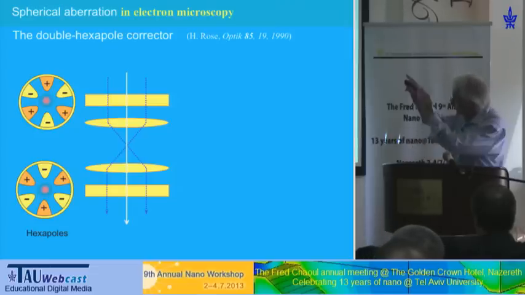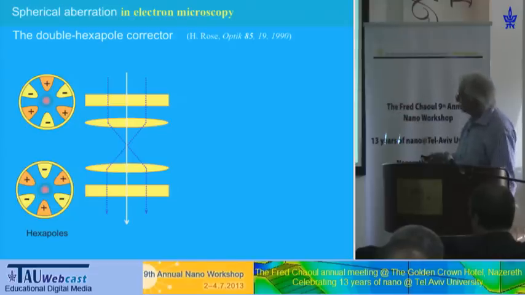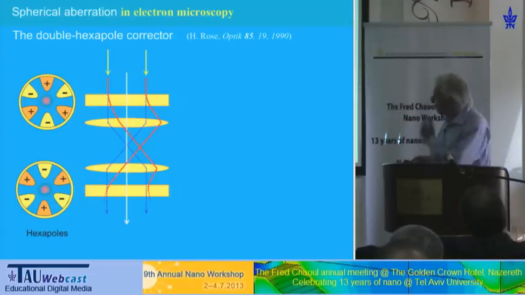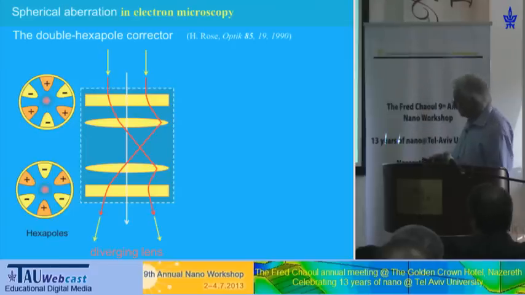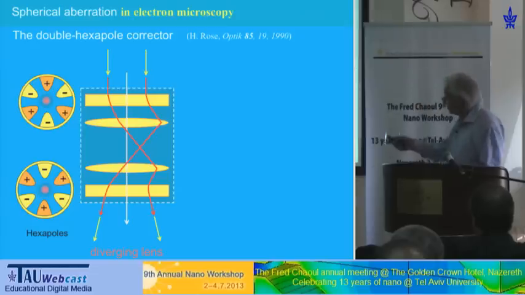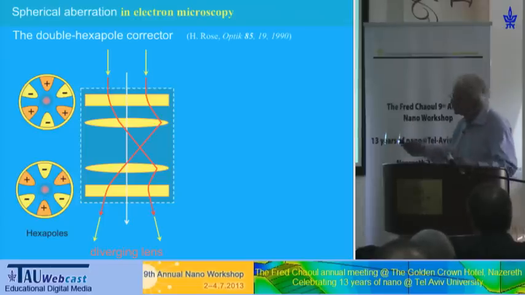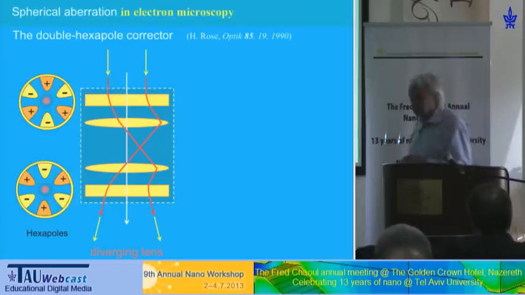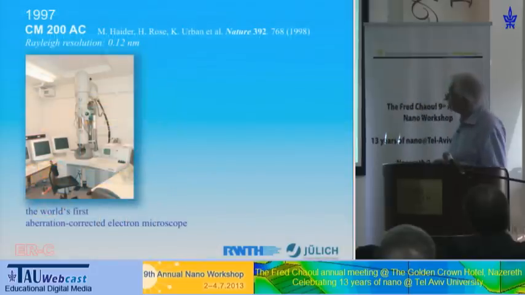I just summarize the action of this by showing you schematically the ray path. We come in with a parallel bundle of electrons and they leave as a diverging bundle, so that this system acts as if we had a real diverging lens. This allows us now to correct spherical aberration in electron optics.